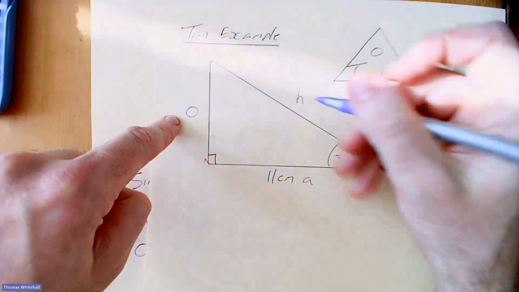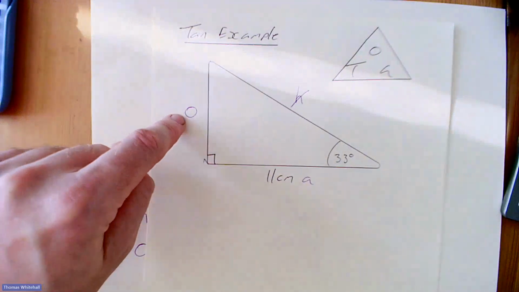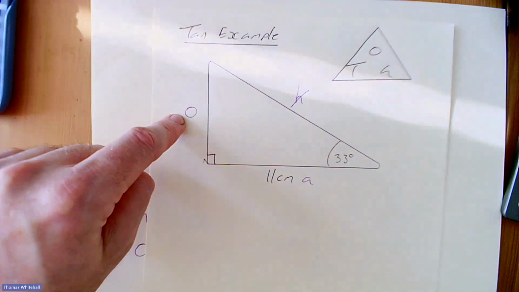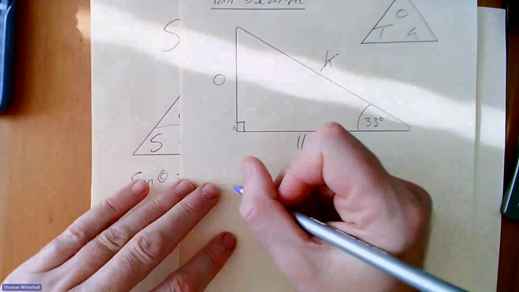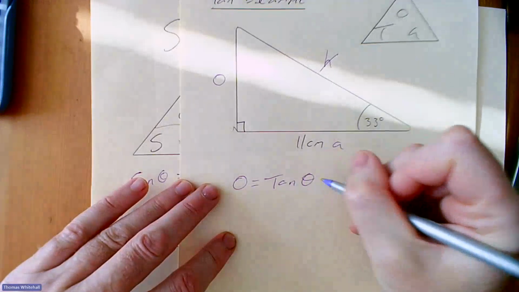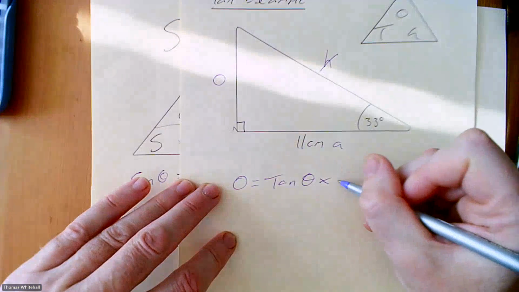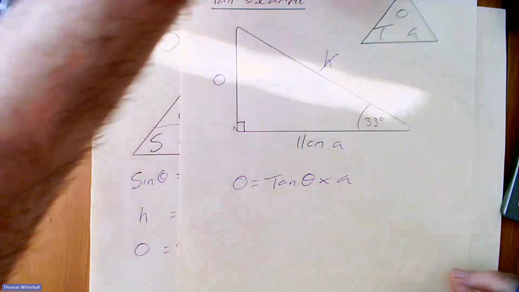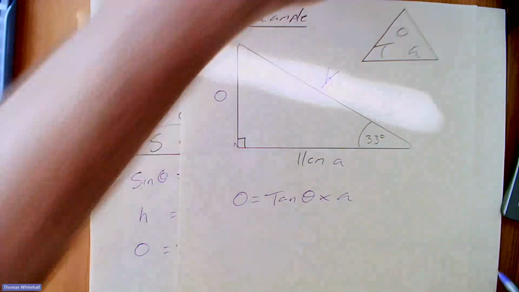We don't need that one, so I'll put a line through that. And again, we're after the opposite, so I'm going to cover up the O. We know that the opposite is equal to the tangent of my angle multiplied by the adjacent.